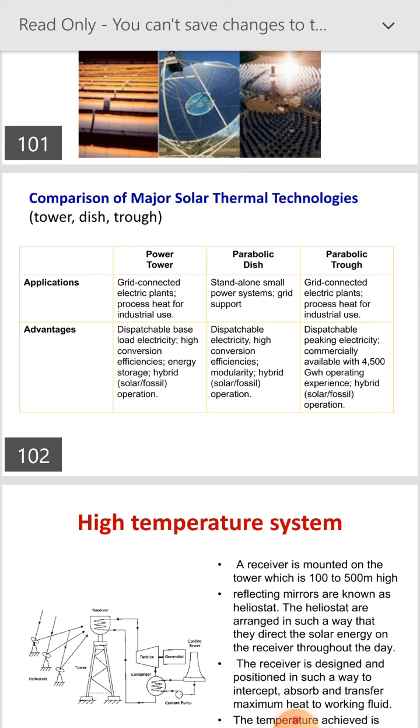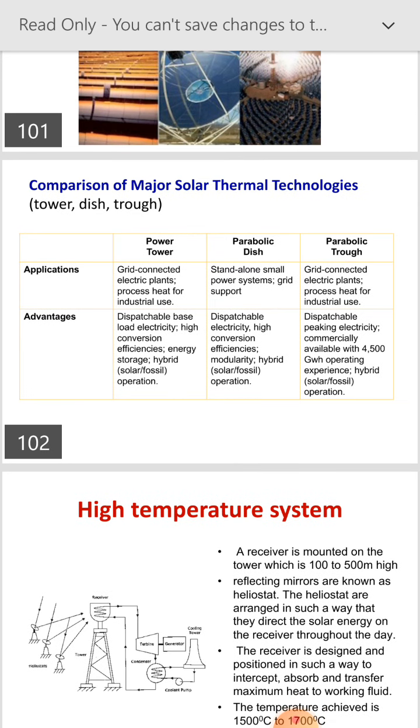Parabolic trough: grid connected electric plants, process heat for industrial use. Advantage: dispatchable base load, high conversion efficiency, energy storage, hybrid operation. Dispatchable electricity, high conversion efficiency, modularity, hybrid operation. Dispatchable peaking electricity, commercially available with 4500 GWh operating experience, hybrid operation.